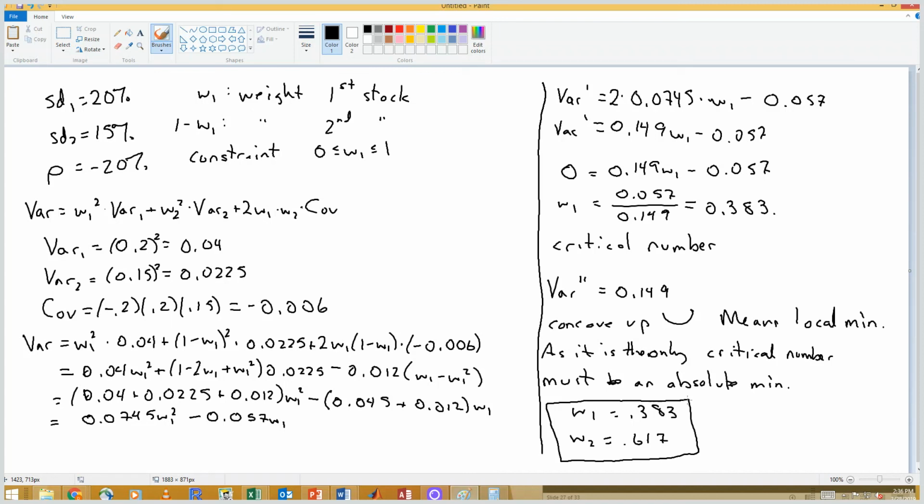So it turns out, because of the extreme value theorem, which said that if there's exactly one critical point in the domain, then that critical point must be the absolute min or the absolute max on that domain. We know this must be the absolute minimum both globally without any constraints, but also if we constrain the weights to be between 0 and 1.